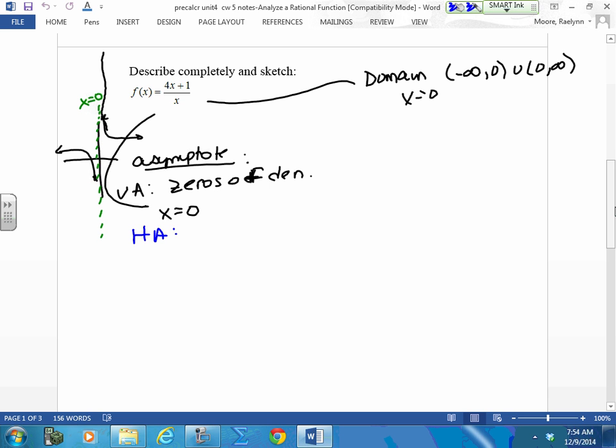What's the highest exponent in the numerator? 1. And the highest exponent in the denominator? 1. So if you follow your sheet, it says if the degree of the numerator is equal to the degree of the denominator, then you get a line, y equals a over b.